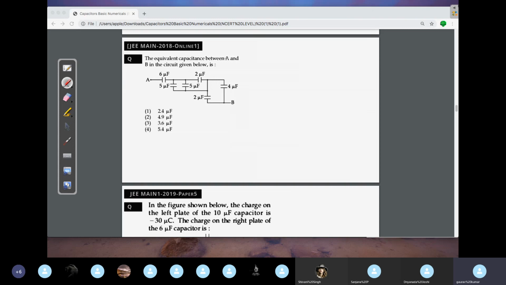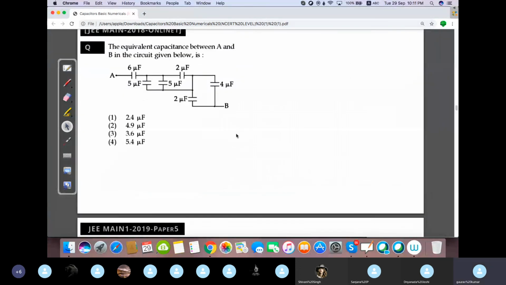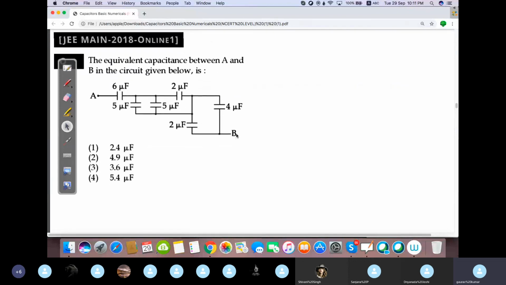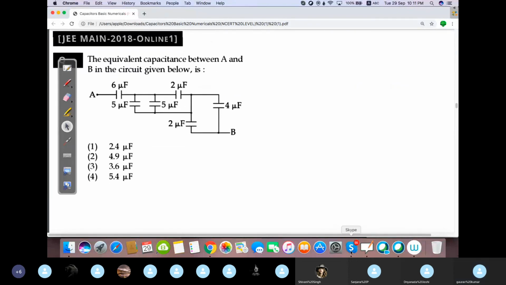Question is the equivalent capacitance between A and B. Is the answer coming?